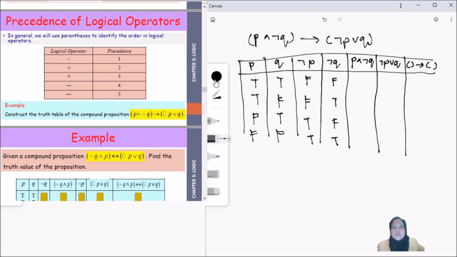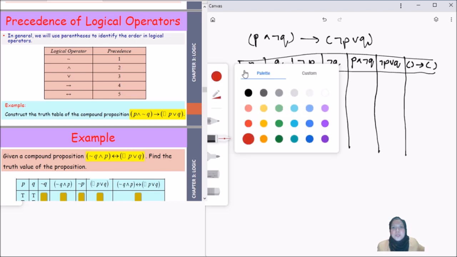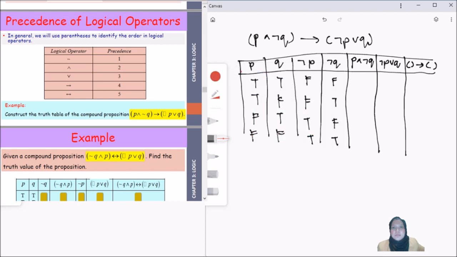So we do first P and not Q. Alright, P and not Q: true, false is false; true, true is true; false, false is false; false, true is false.